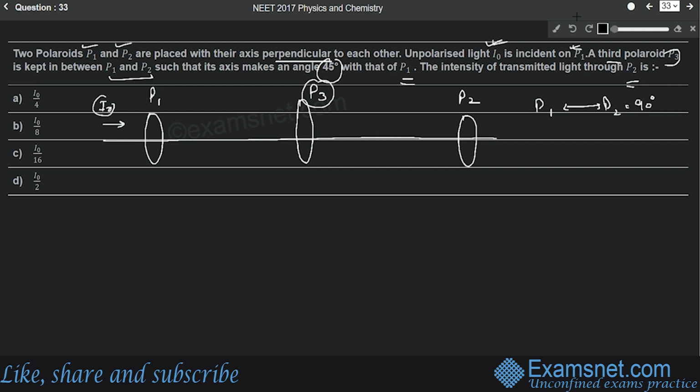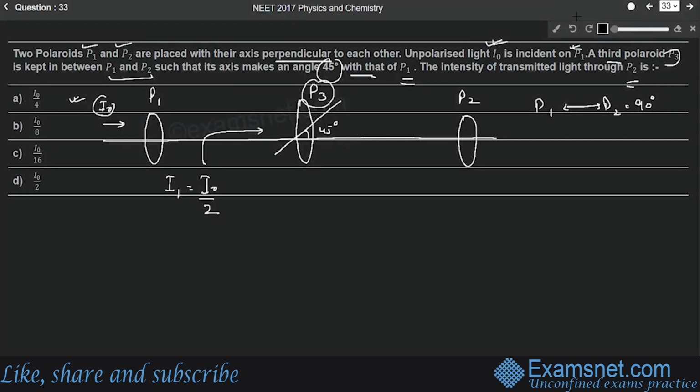Now, what will happen once this unpolarized light comes out from P1? It will have the intensity, let's say I1. I1 will have the intensity I0 by 2. Now this P3 has its axis at 45 degree with that of P1. Then this light of intensity I0 by 2 will enter this P3.